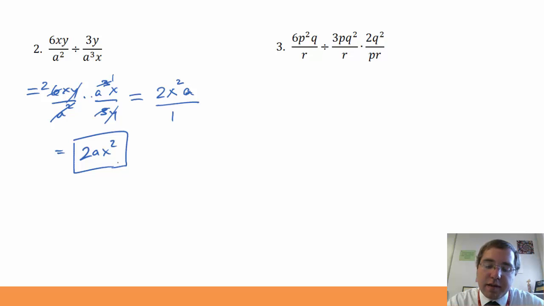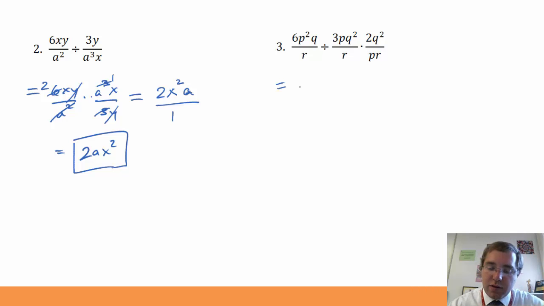Number 3: 6p squared q over r, divided by 3pq squared over r, times 2q squared over pr. Let's remember our order of operations here. When we get to just multiplication and division, we don't necessarily do multiplication first. We do them in the order that they occur from left to right. So we're going to start with this first division.